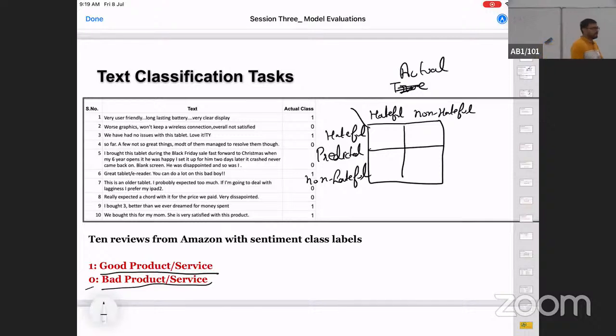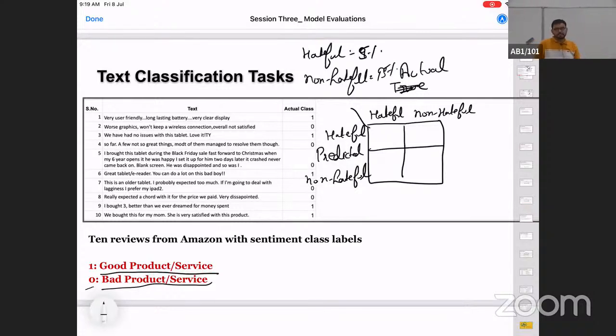In general, suppose you have 100 instances, and 95% of them are non-hateful. So in the actual case, hateful is 5% and non-hateful is 95%. So 95 are non-hateful, 5 are hateful.